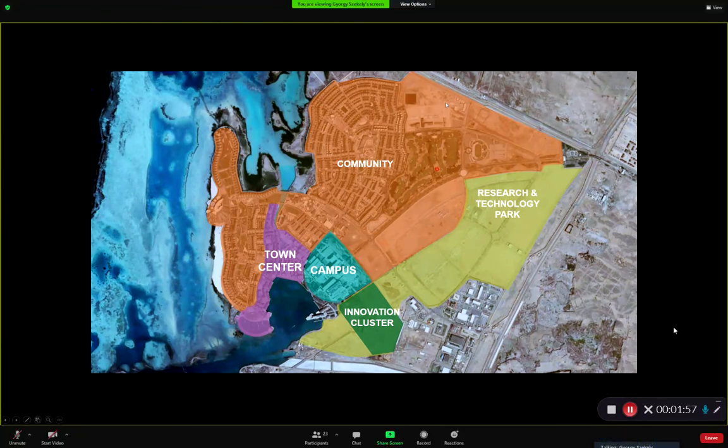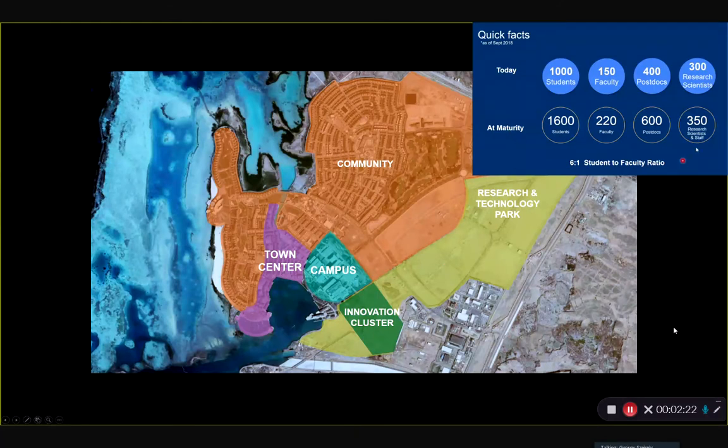Here you can see the community area. This is actually the Red Sea on the left, and here there is the desert. The campus is where we work. We have a town center, and this is the industrial area. We have a couple of companies on the university premises, such as Saudi Aramco and Dow Chemicals and SABIC, that we collaborate with.